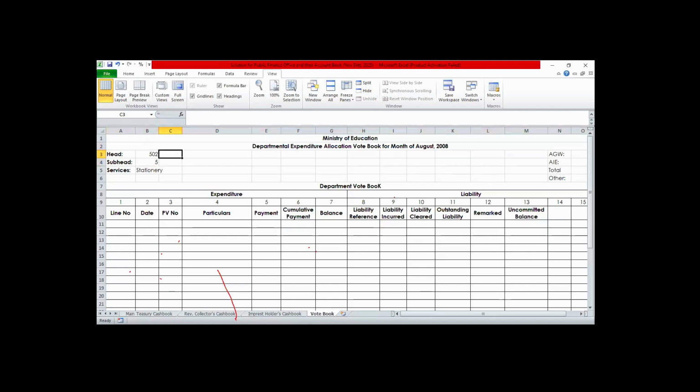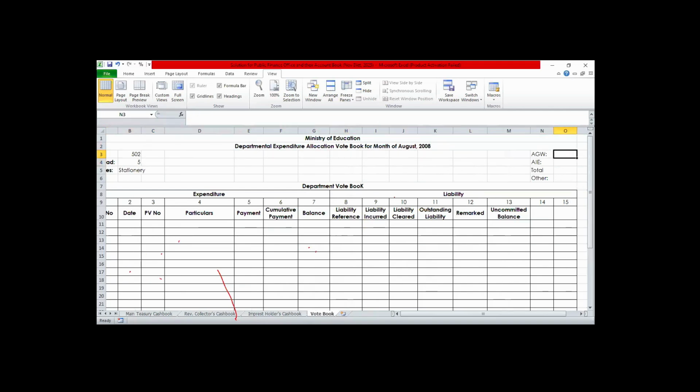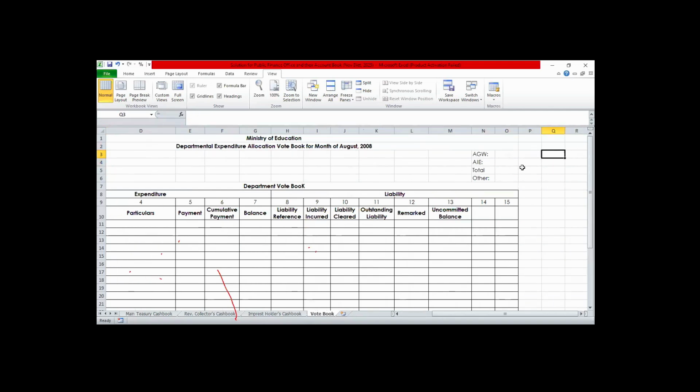Then, now, we were given AGW, that is annual general warrant. But the annual general warrant they raise at this end is what? Under that place, can you see SW/AIE/RIE? Yes, sir.